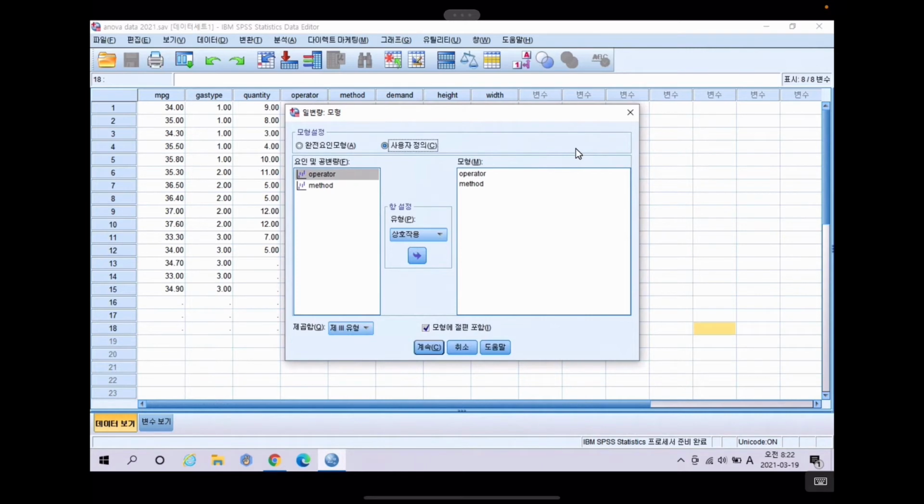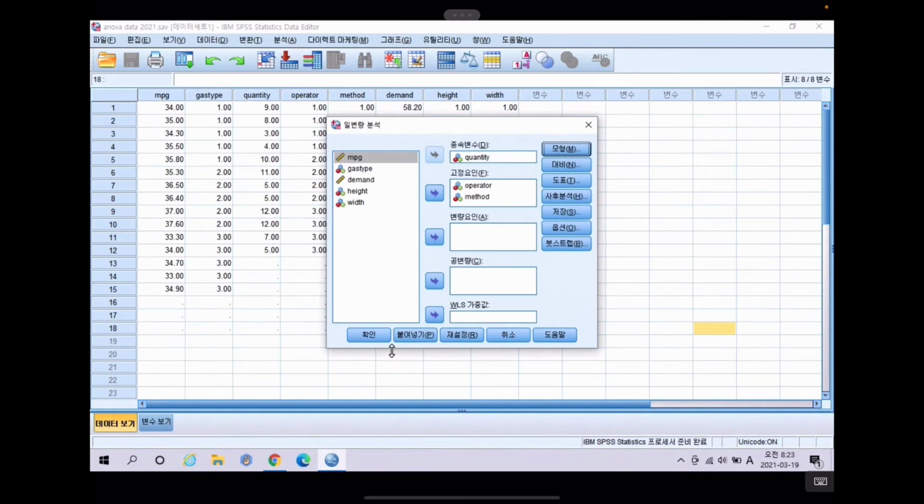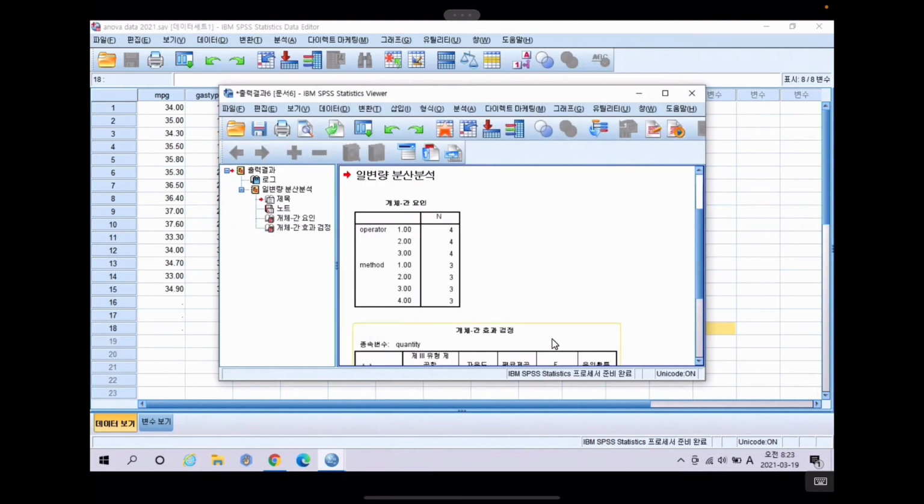In case of two-way ANOVA with no repeated measures, you don't have an interaction effect, so you specify your model by using this user-defined option. You move the factors to the right, and then continue, and you get the results.